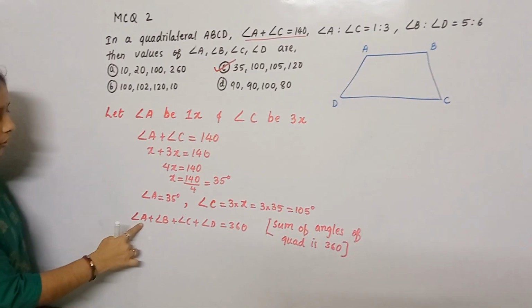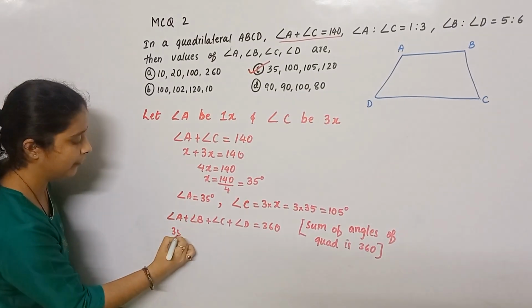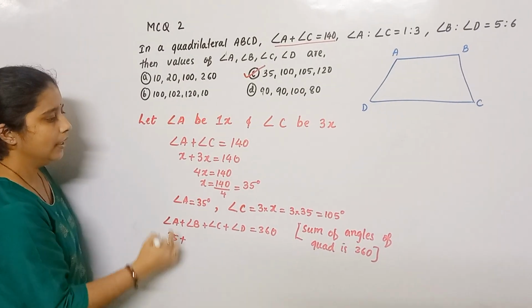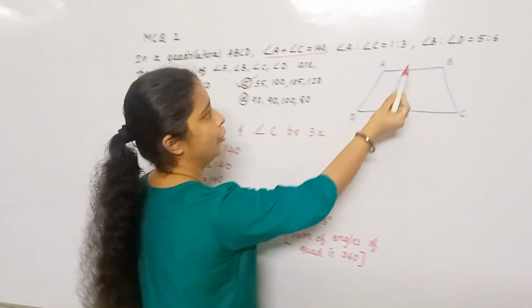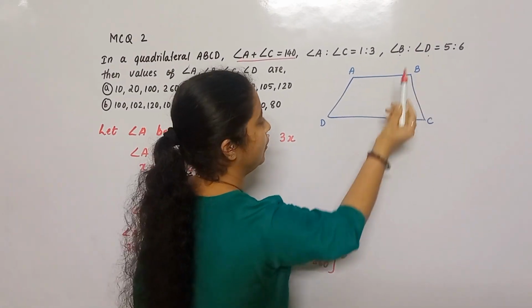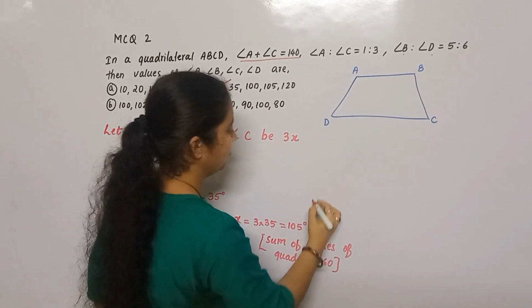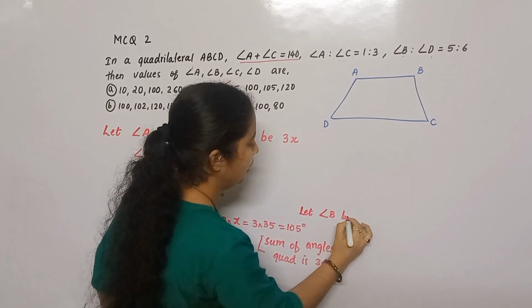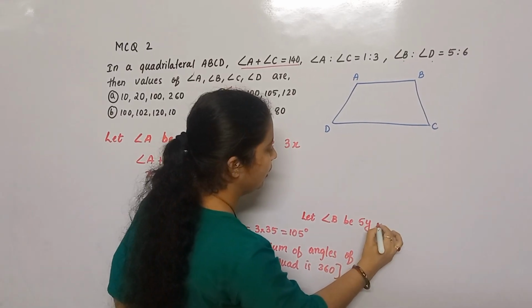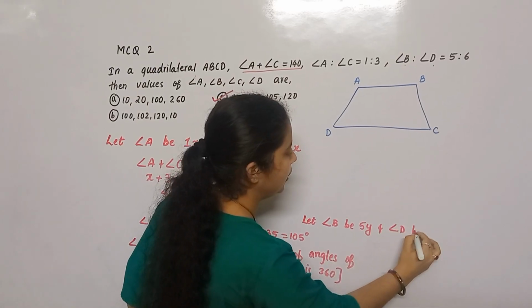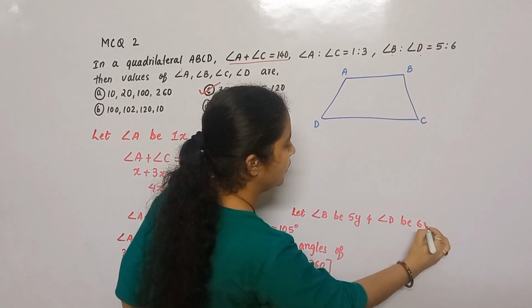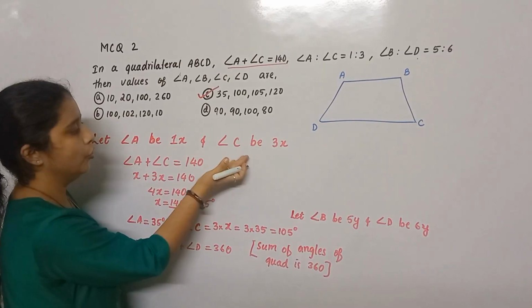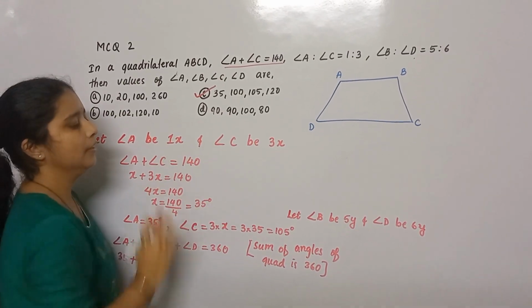So from here we already have angle A, that is 35, plus angle B. Now over here the ratio for angle B and D is given. So we can say that let angle B be 5y and angle D be 6y, the same way how we have assumed for angle A and angle C.